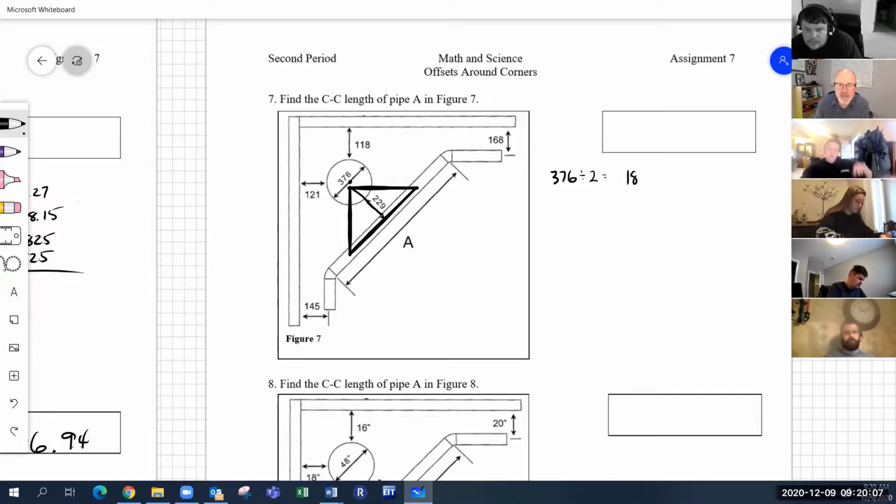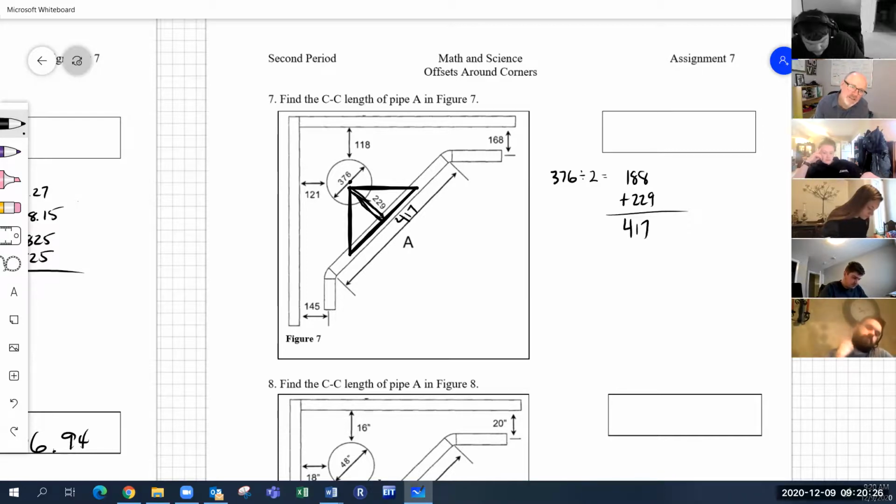So it's 188 plus 229, which is the rise, this line right here. So that line right there is 417. If this is 417, then this measurement right here is 834.